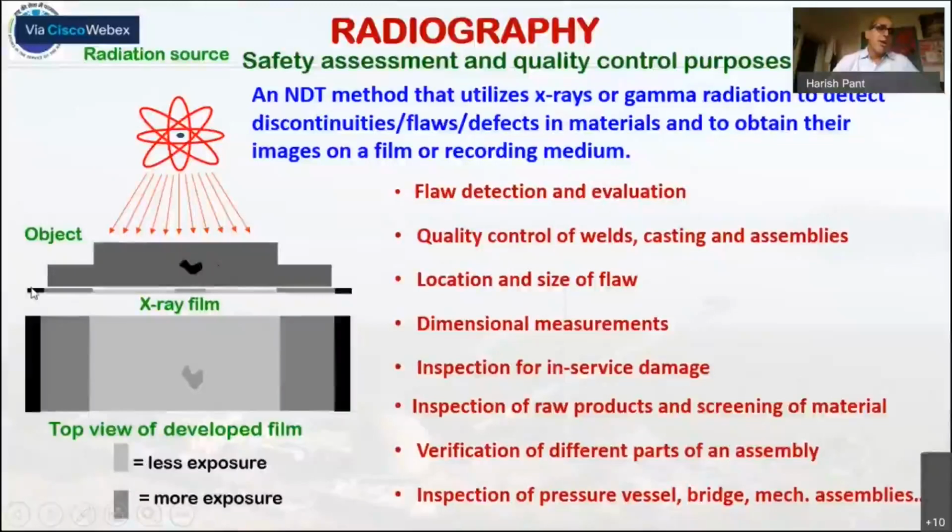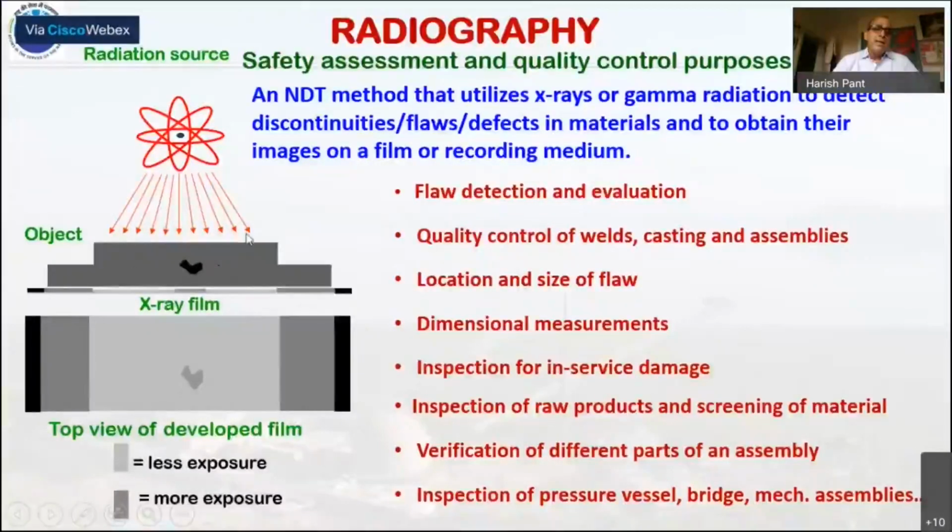You can see at the corner, where there was no object here, that portion of the film was totally blackened. Here there was a thickness, so it was less blackened. It means less radiation reached the film.